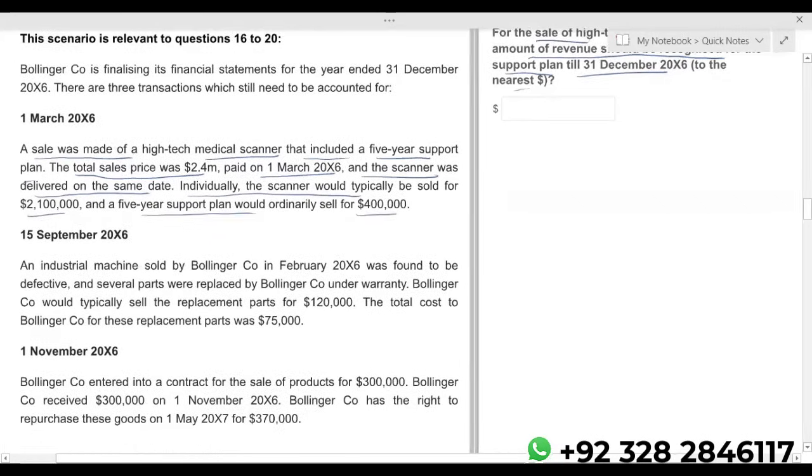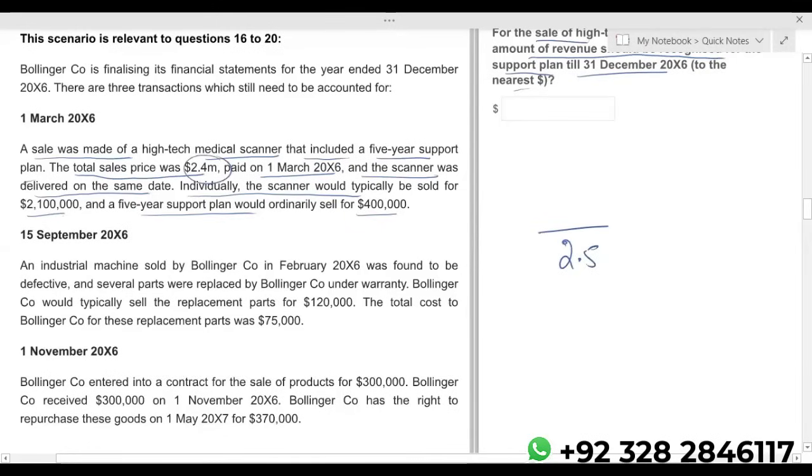First of all, we have to allocate how much of the revenue actually belongs to the support plan. Individually, scanner value is 2.1 million and support plan value is 4 lakh. Let's see, out of 2.4 million, how much transaction price actually relates to the support plan. Very simple. Total is 2.5 million, 2.1 and 0.4.